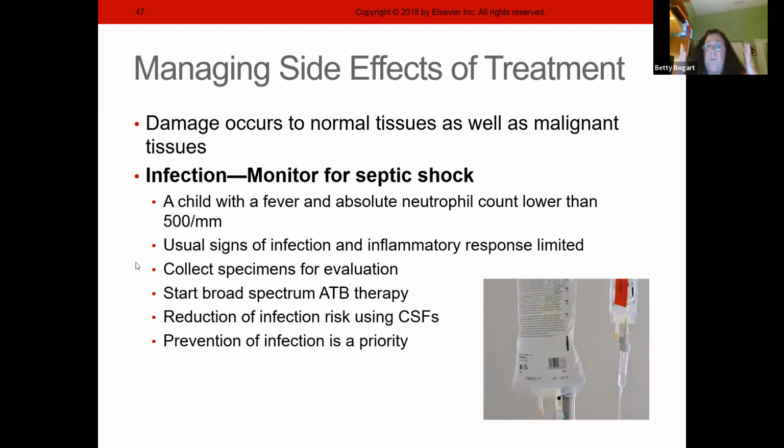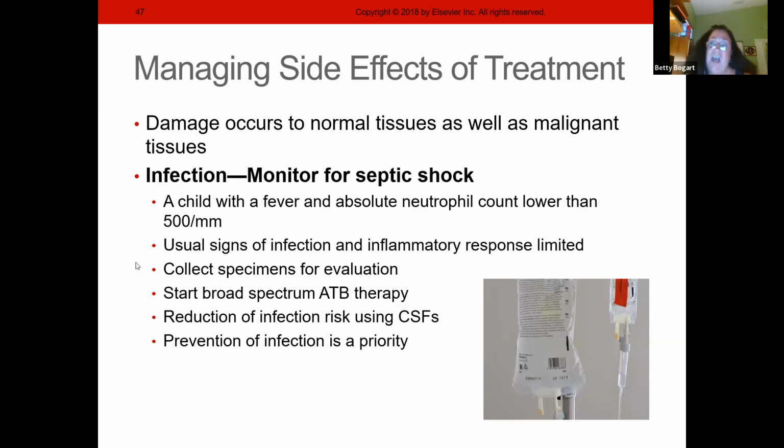So if you have a group of patients and one of them has a neutrophil count less than 500, that is the one you're going to visit first. That is your first assessment, because that child is at risk for sepsis and they go into septic shock quickly. There's nothing protecting their body. 500 is nothing, okay? It should be 2,400. So be very careful with that.